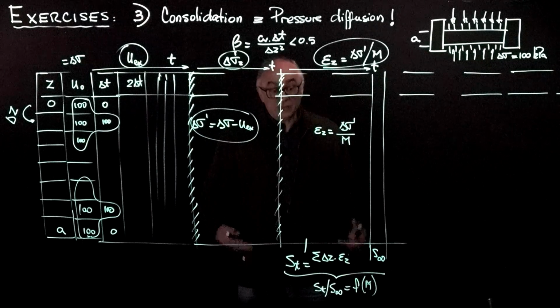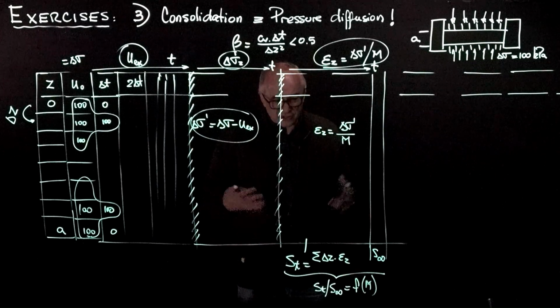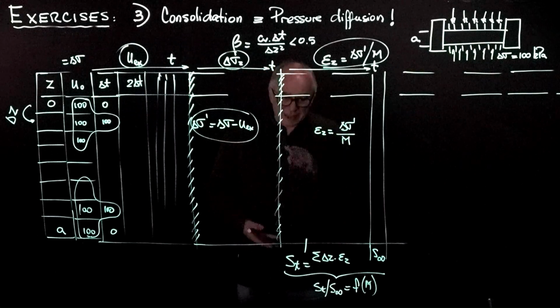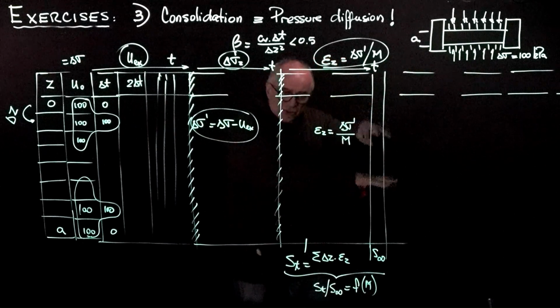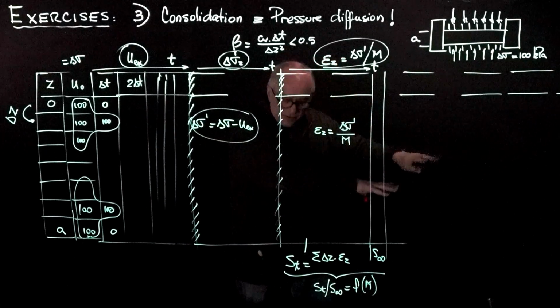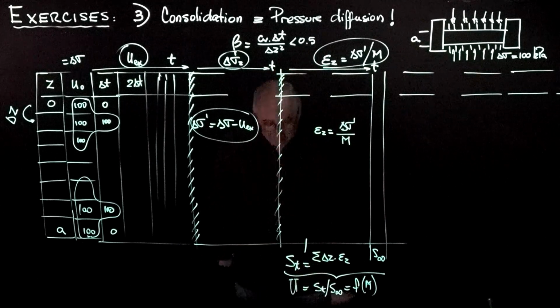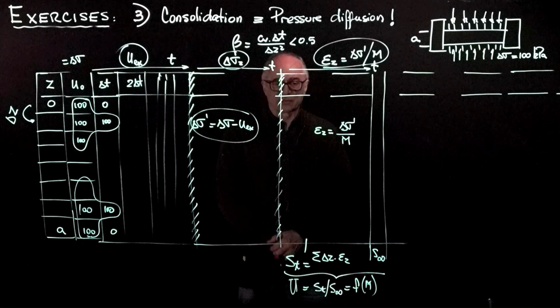And so this is what we actually do in the typical interpretation, the old methods of interpretation. We divide the settlement that we measure, the contraction of the specimen, by the ultimate contraction of the specimen at the end of consolidation, and we call that the degree of consolidation. And then it's not affected by the constraint modulus.